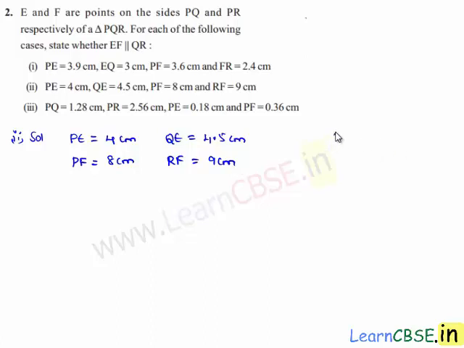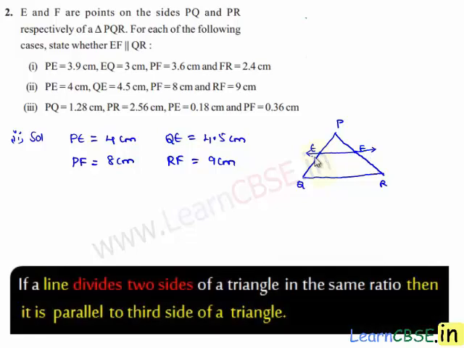Now let us consider a triangle PQR with E a point on PQ and F a point on PR. Let's draw a straight line EF.